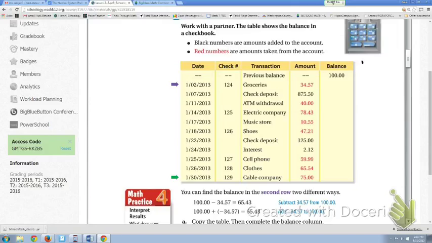You're starting with $100 in your bank account, which is an integer, by the way, but it is also a rational number. So you've got $100. Remember that each negative is represented in red, and each positive is represented in black. As you go through this, my question to you is, what is the total balance?